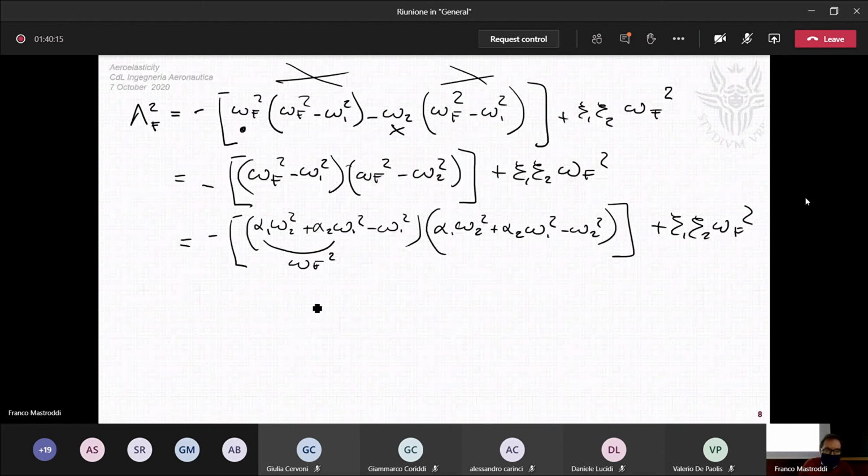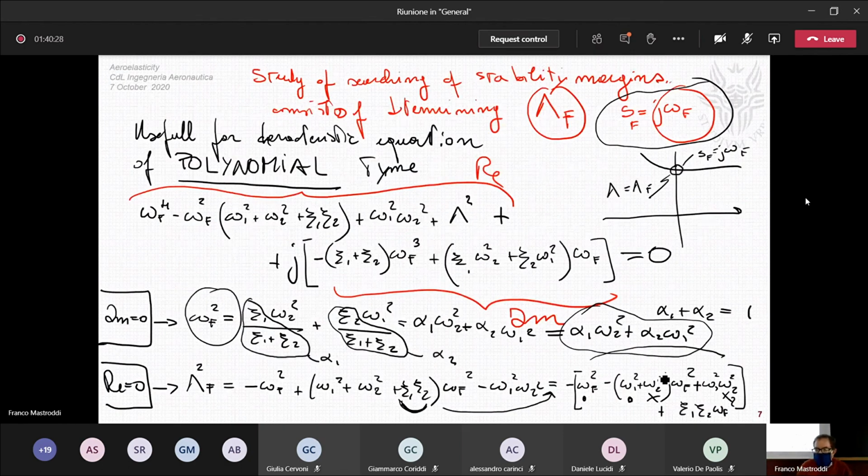Okay, now remember that alpha 1 is equal to 1 minus alpha 2 by definition. Okay, by this definition here.